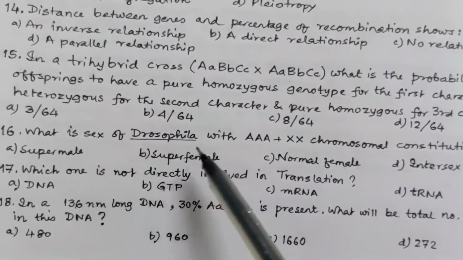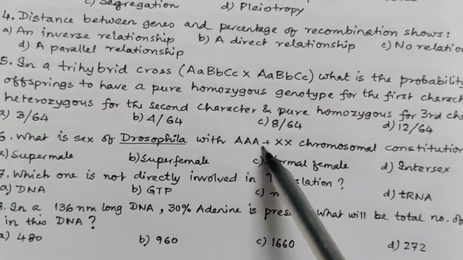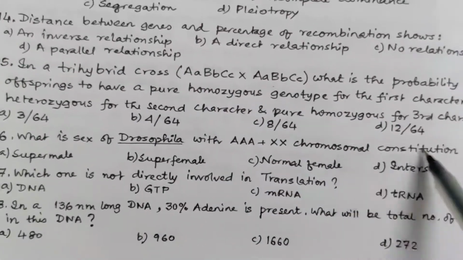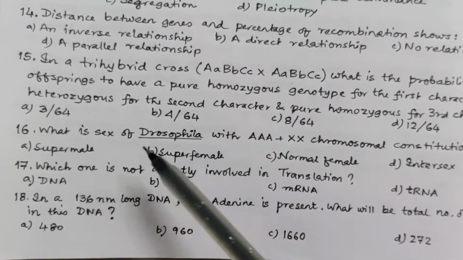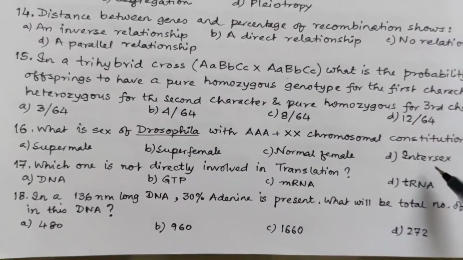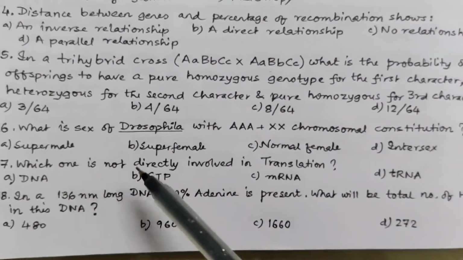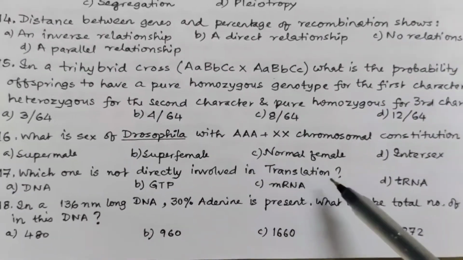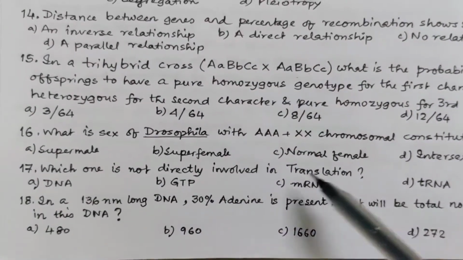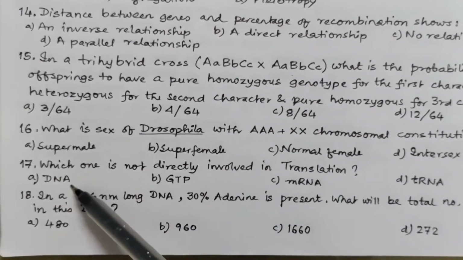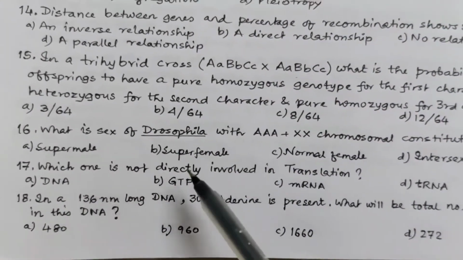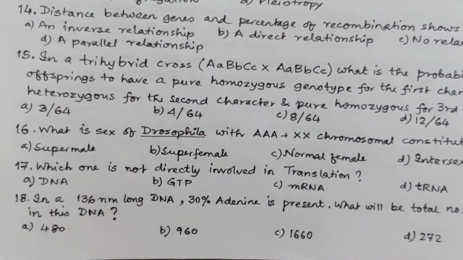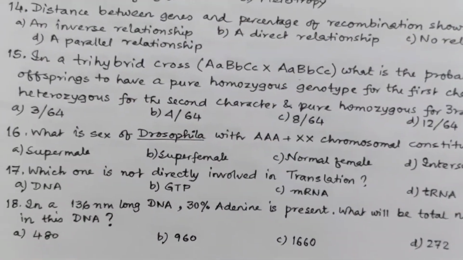What is the sex of Drosophila with AAA plus XX chromosomal constitution? It will be intersex. Which one is not directly involved in translation? DNA, because translation occurs from RNA, and GTP is involved in translation. mRNA is needed, tRNA is also needed.